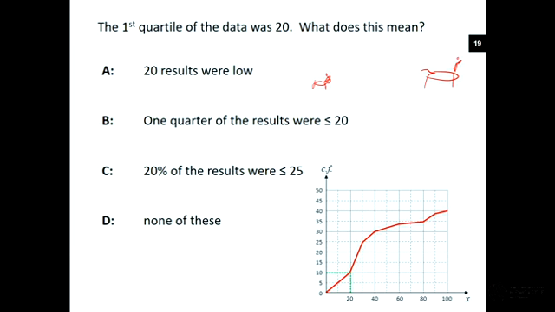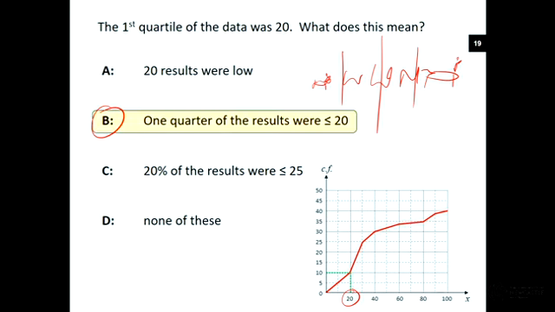There's cow, cow, cow. All this does is split them into 4 equal bits. That's all it's saying. If the first quartile of the data was 20, it was just saying that 1/4 of the cows were 20 or less. If the third quartile was 80, it was saying the top 25% are 80 kilos or more. So 1/4 of the results were less than or equal to 20.